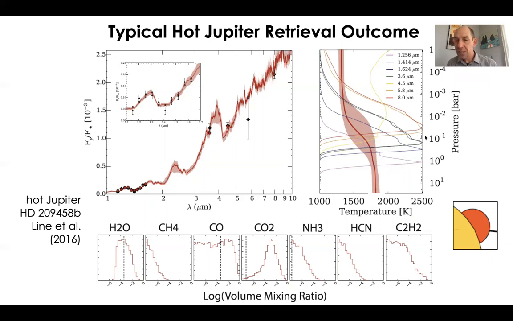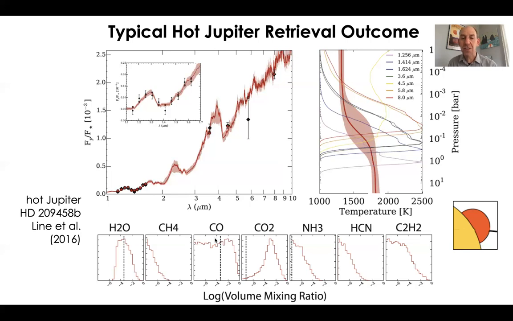These different wavelengths probe pressures that are around 1 bar to a millibar or so. This is where we have our constraint on the pressure temperature profile. And we end up yielding abundances. We have a well-constrained water vapor abundance, which comes from this water vapor absorption band at 1.4 microns here. We have an upper limit on methane.